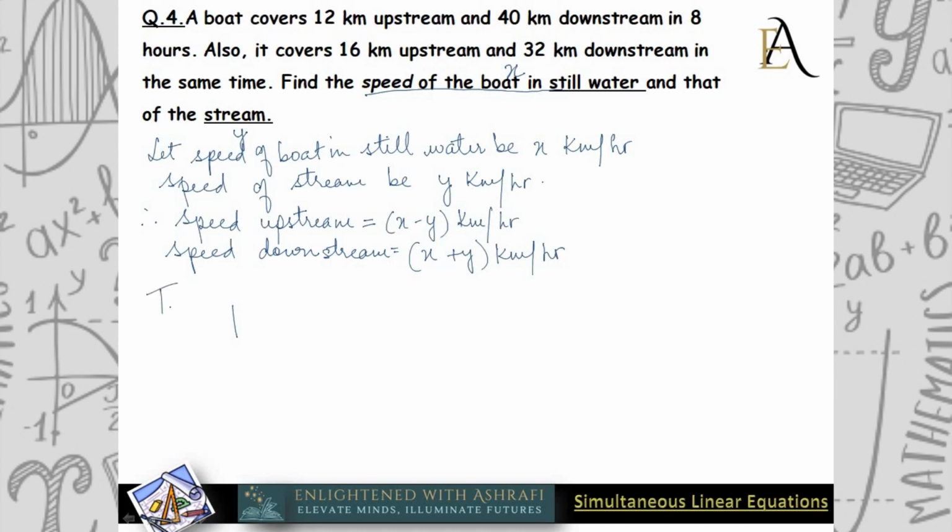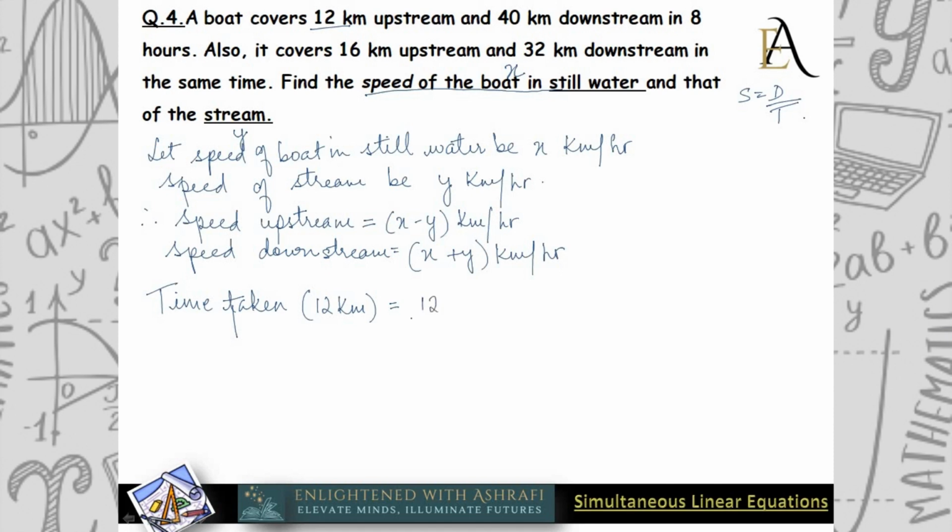Now the time taken. Time taken to cover 12 kilometers. The formula: speed is equals to distance upon time. So here it's going to be time equals distance upon speed.